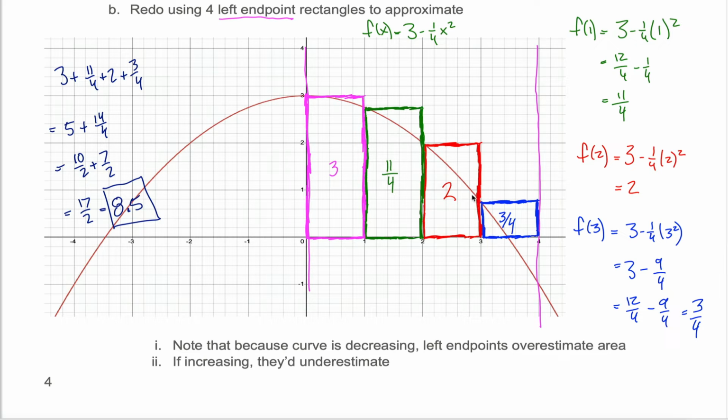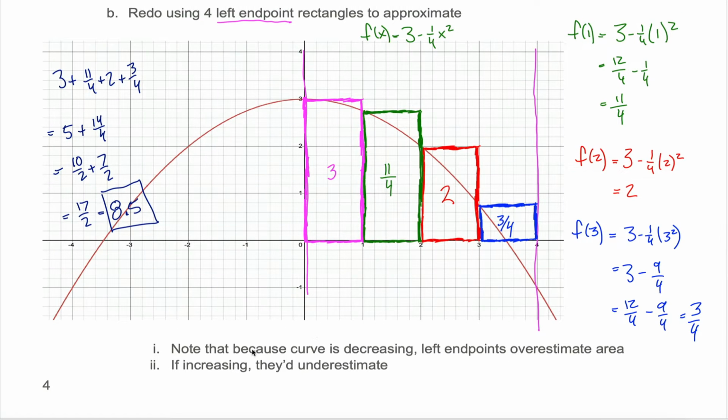Because if the curve is going down, then the left endpoint of the rectangle is going to be higher than any point on the curve in that region. So the area underneath that rectangle formed by the left endpoint is going to be greater than the area underneath the curve. So an important fact is, anytime your curve is strictly decreasing on the area that we're looking at, from 0 to 4 in this case, left endpoint estimation will overestimate the true area.